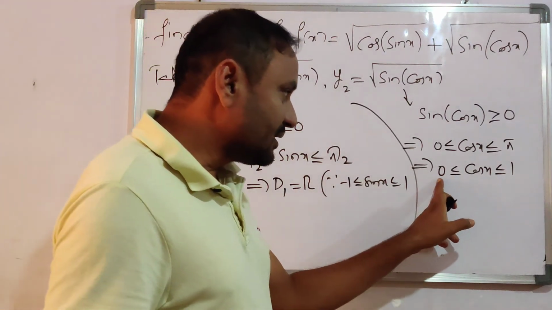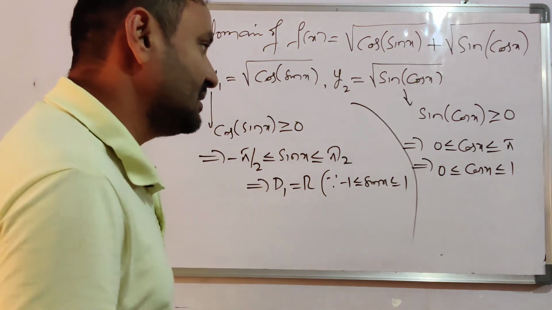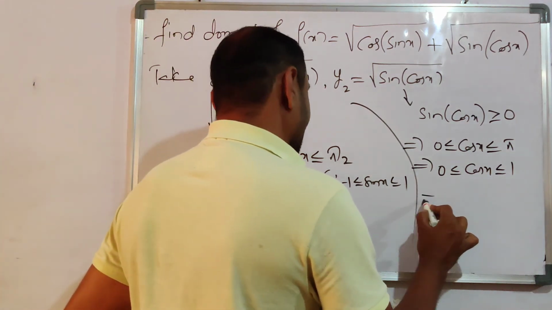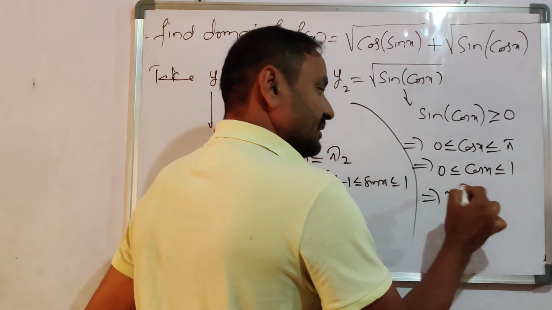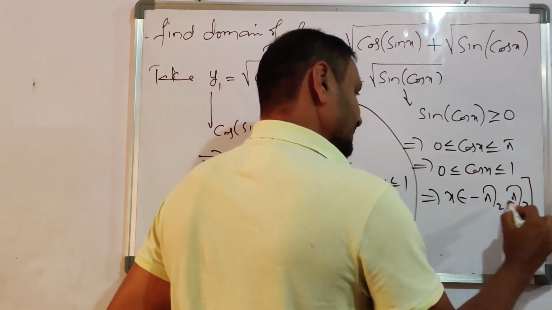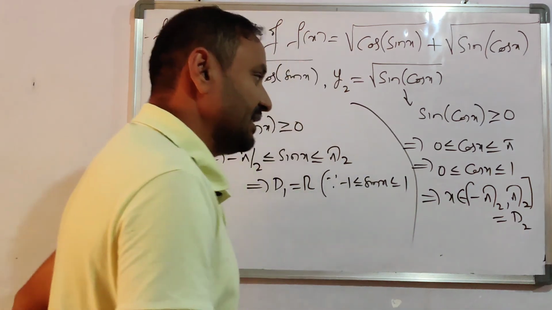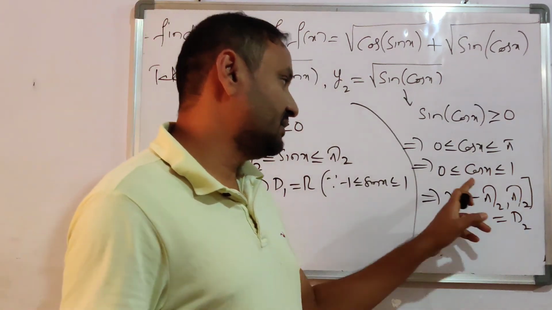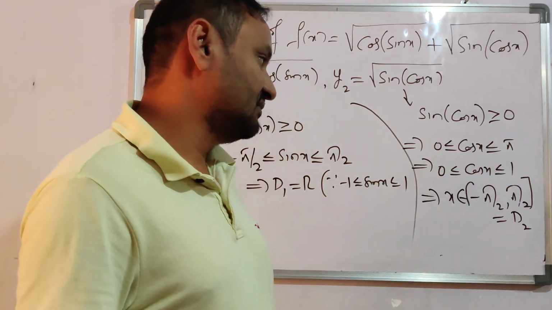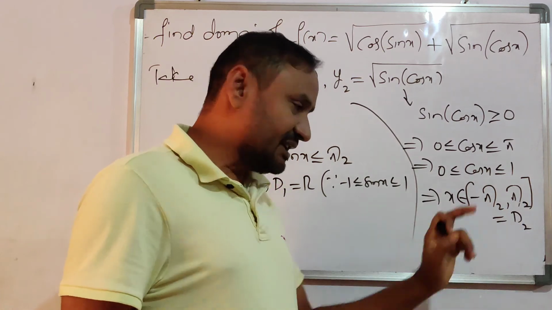So here you take 0 to 1 only. What are the x values? 0 to 1. x belongs to minus pi by 2 to plus pi by 2. This is also equal to d2. Replace minus pi by 2 to plus pi by 2. Always cos x is positive, minus pi by 2 to plus pi by 2.